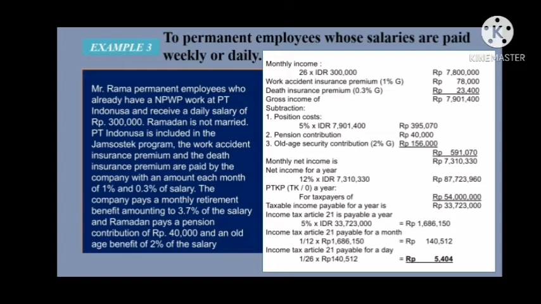To get the monthly net income, we need to decrease gross income with subtraction, namely position cost, pension contribution, and/or security contribution. The three of them add up to 591,070.